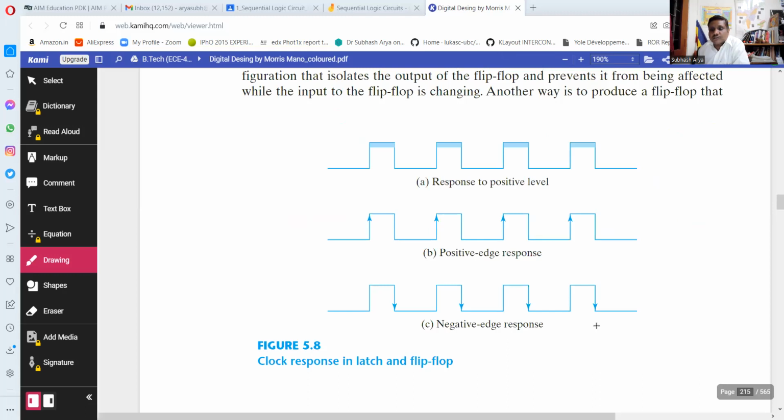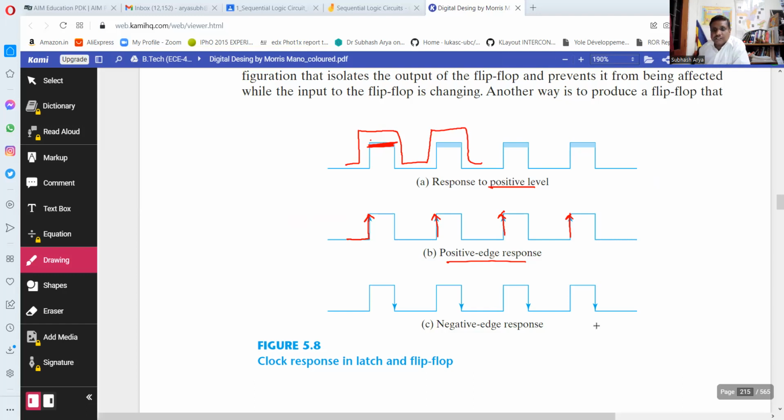There are some responses. Positive response to positive level: when triggering is occurring at the level, the positive level, then this is called level triggering. If there is a change in the state of the flip-flop at the rising edge of the pulse, the positive rising edge, at that instant, that mechanism is called positive edge triggering.